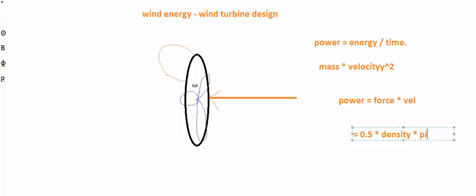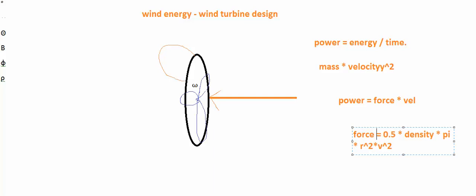So we write pi times r squared times the magnitude of the wind, which is V squared. Now we know that this is the force of the wind.